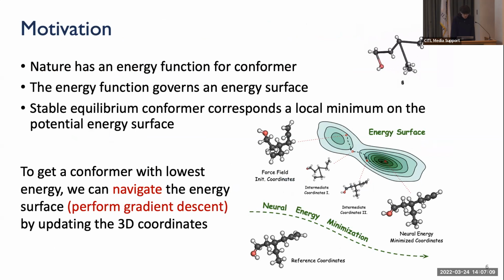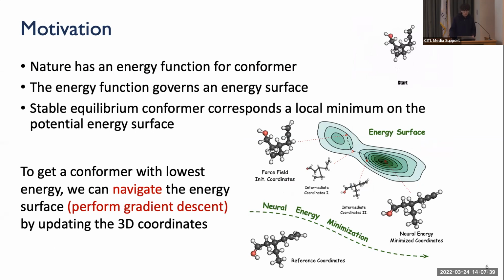And in our work, we formulate this problem from a different perspective, specifically from an optimization perspective. Our motivation is very straightforward. Nature has an energy function for the conformer, and the energy function actually governs an energy surface. Each stable equilibrium conformer corresponds to a local minimum on the potential energy surface.